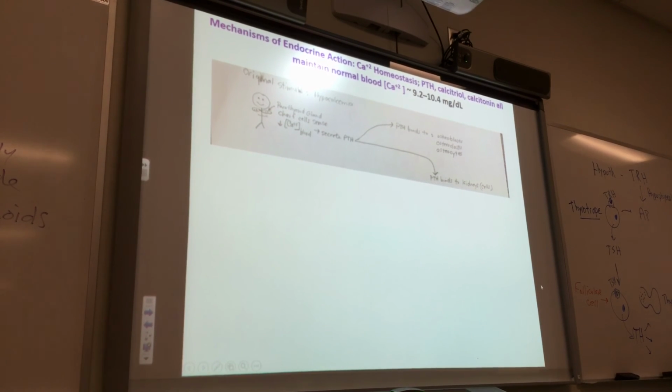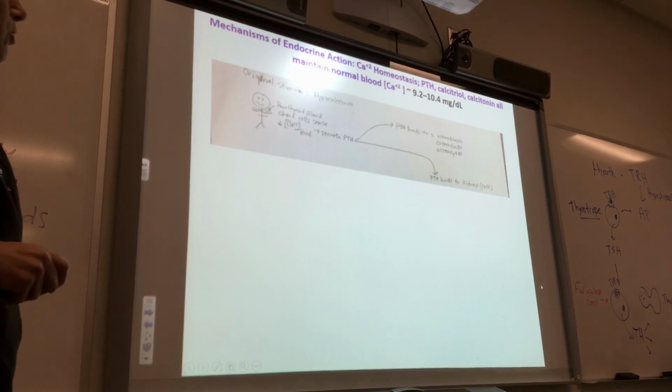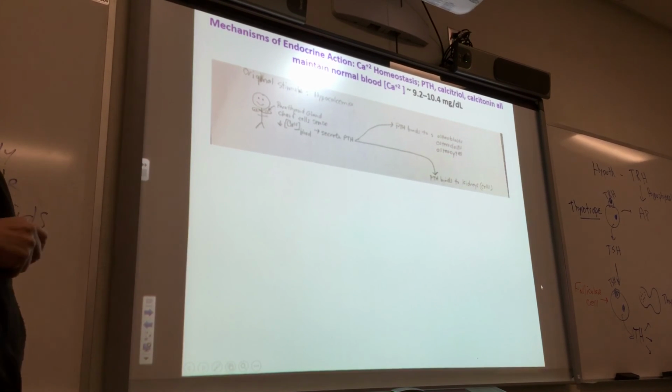When calcium is low in the blood, what do you want to do to calcium? Via negative feedback, you want to raise calcium back up. So this is a long, drawn-out process on how to do that. So low blood calcium, chief cells secrete PTH. PTH travels all over the blood and binds to osteoblasts, osteoclasts, and osteocytes. Where is that? Bone. In the bone.